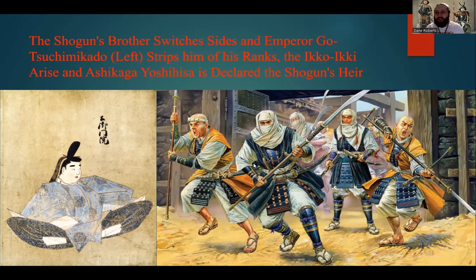As a result of Ashikaga Yoshimi's defection to the other side, Ashikaga Yoshimasa was forced to name his son Ashikaga Yoshihisa, the person that he led the civil war against, as his heir. All kinds of weird hoops and jumps and dominoes and 90-degree, 180-degree turns happening in this war.